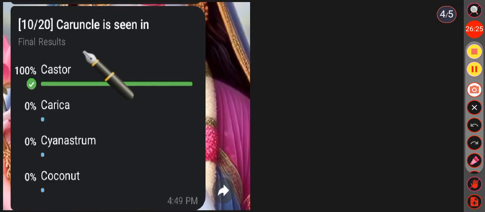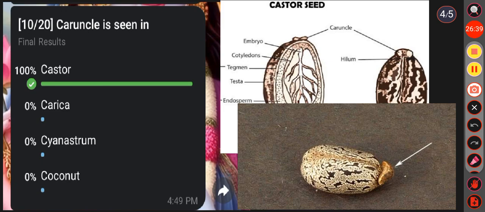Then next question, carbuncle is seen in option A castor, option B carica, option C cinnamomum, option D coconut. Here the correct answer is castor. See this slide. This is the picture of castor seed and this is the carbuncle. What is carbuncle?